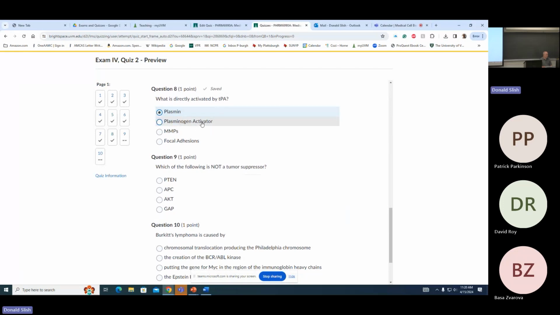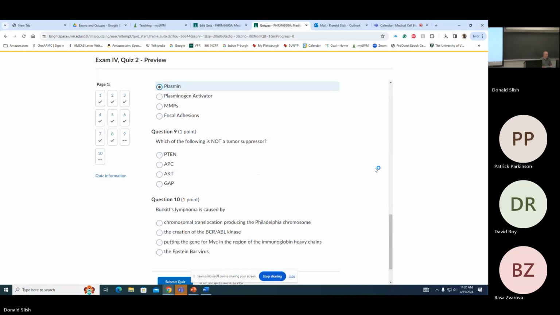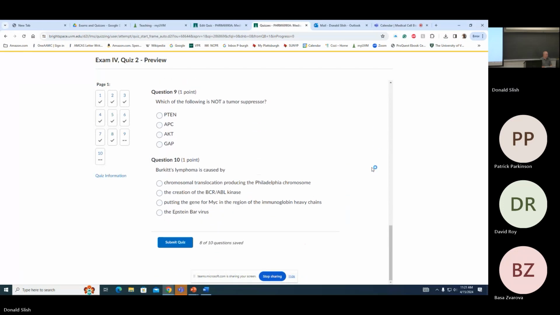TPA, PA means plasminogen activator, so that can't be the answer. MMPs can be activated by plasmin, and focal lesions is just a fourth answer. Which of the following is not a tumor suppressor? AKT, kinase, right? GAP turns off RAS. APC is part of the destruction complex. PTEN we talked about above.